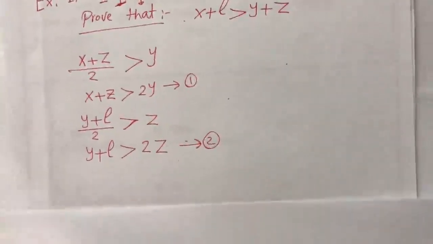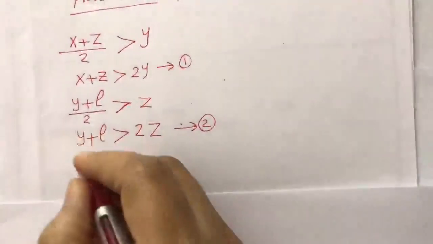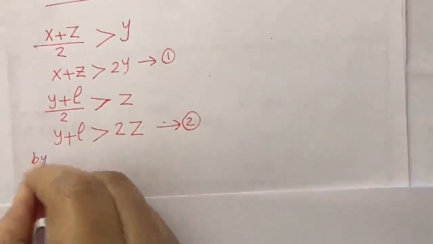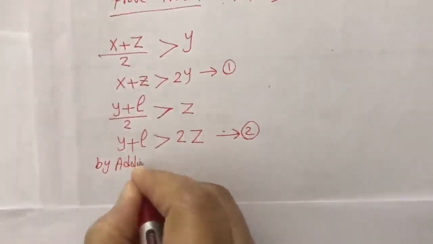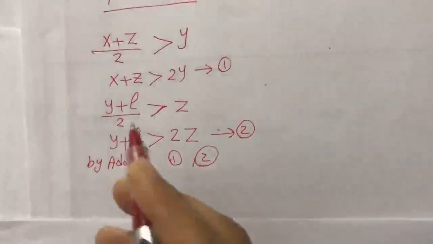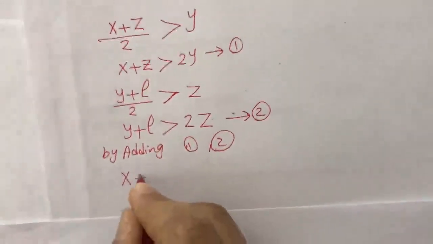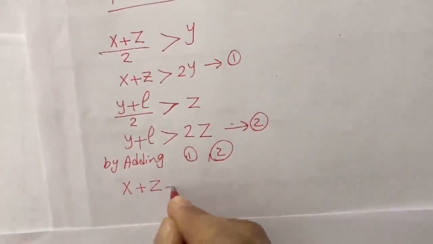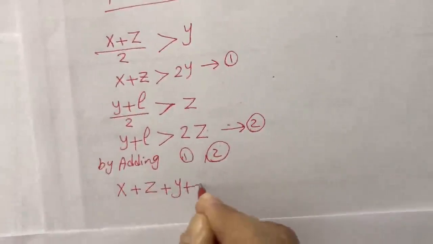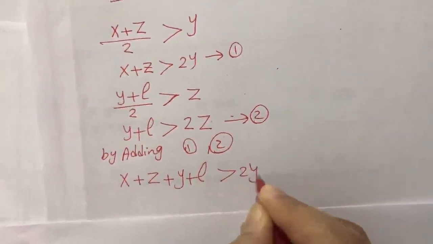By adding 1 and 2, I get x plus z plus y plus l bigger than 2y plus 2z.